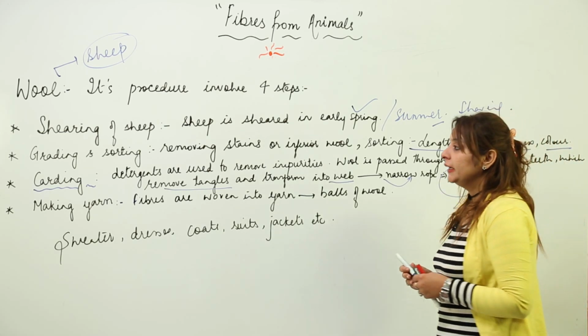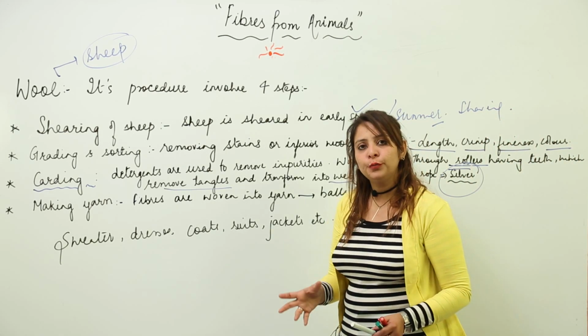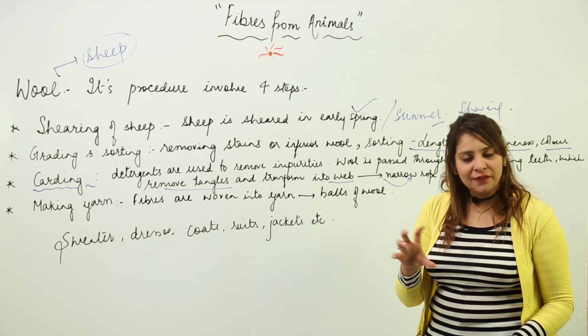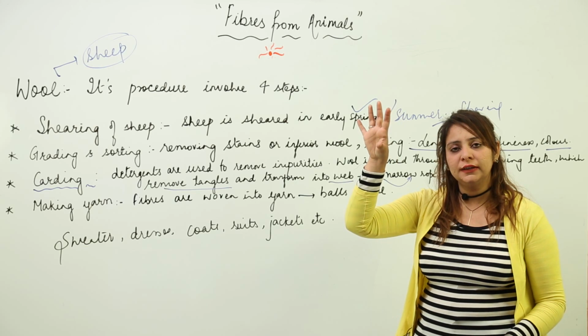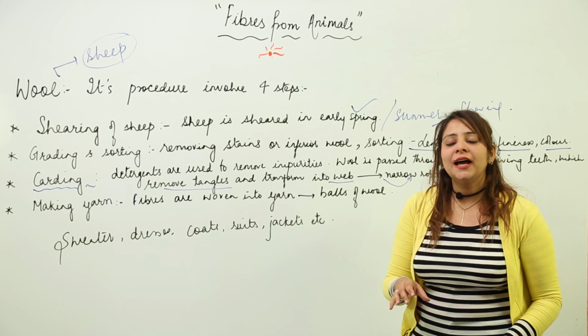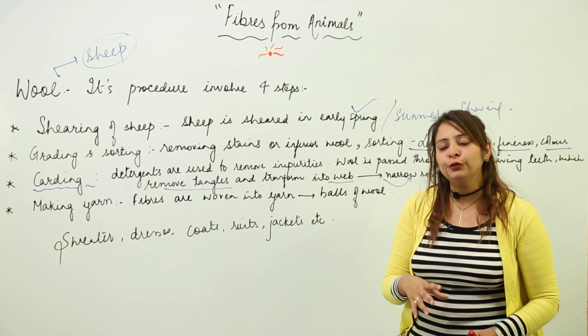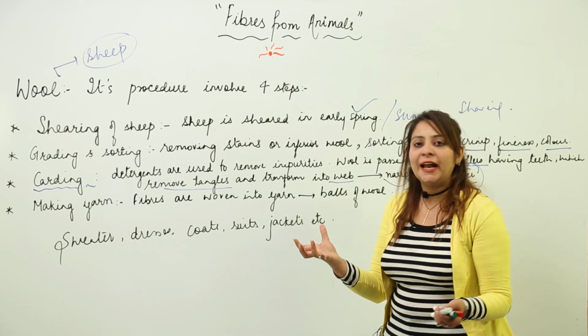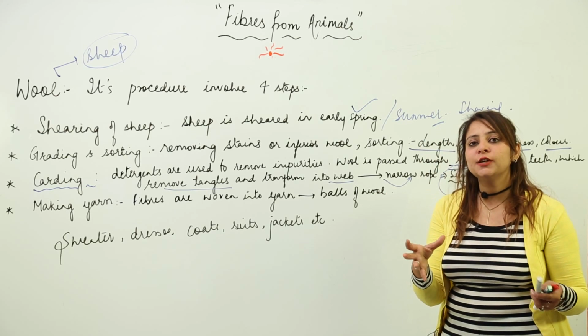So first in carding we wash it with detergents to remove impurities so that we can get clean wool. After that we pass it through rollers having teeth in order to remove the tangles, and when the tangles are removed, it transforms into a web kind of structure. You must have seen candy floss, just like that. So that is a web.